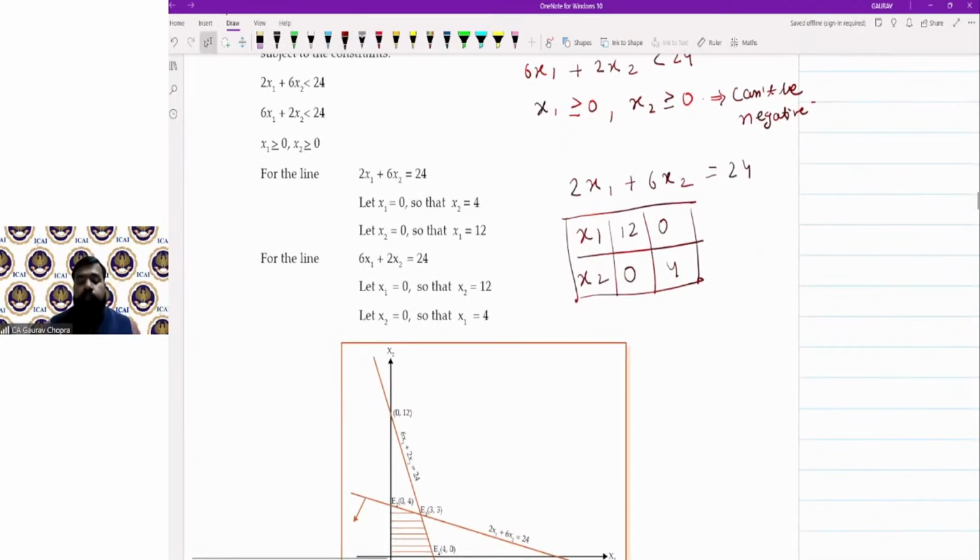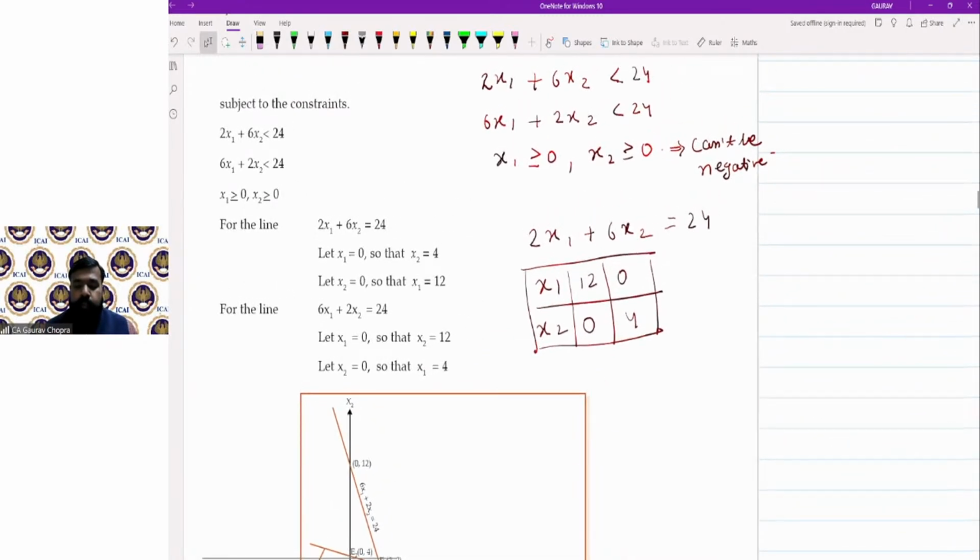So in this way, we can form the table. Second table, similarly, we can form for 6x1 plus 2x2 equal to 24.